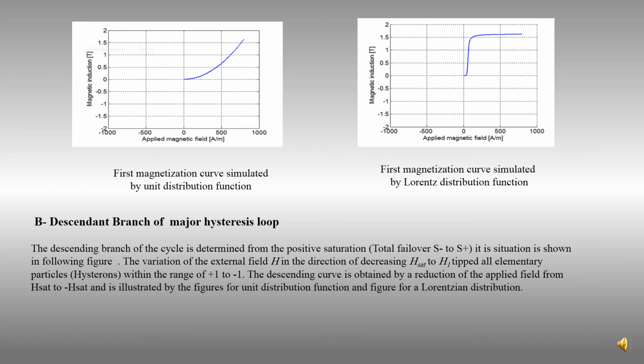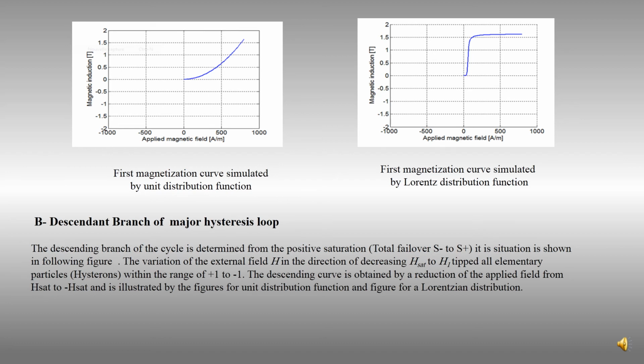We pass now to the descending branch of the major hysteresis loop, and this descending branch of the hysteresis cycle is determined from the positive saturation. Its situation is shown in the figure on the next page.